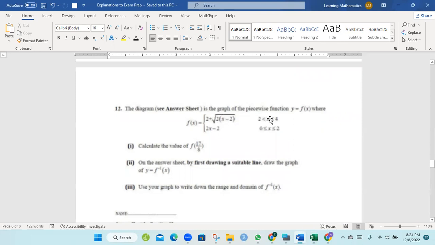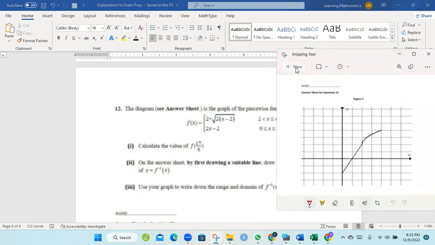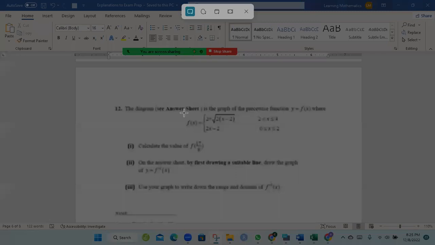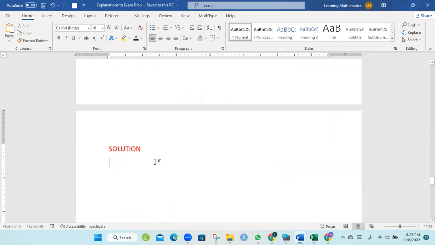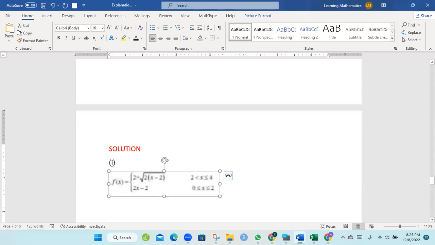That will be the first piece up here, because this is the piece that deals with the domain between 2 and 4, x greater than 2, less than or equal to 4. So it's in this piece we're supposed to substitute 17 over 8, that's for part 1, in that first piece up here.